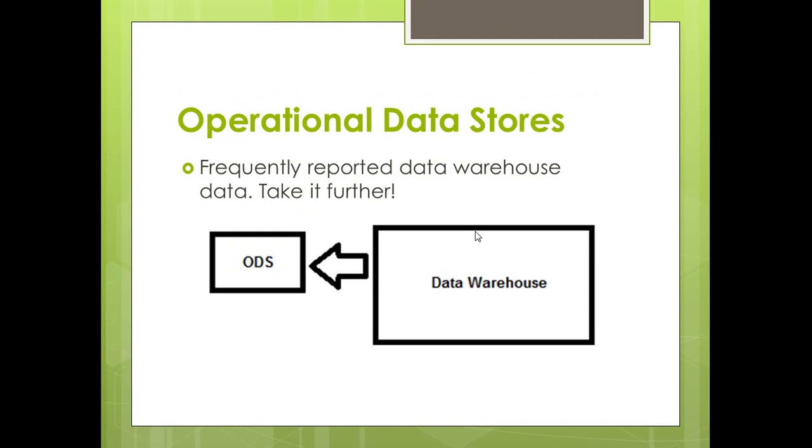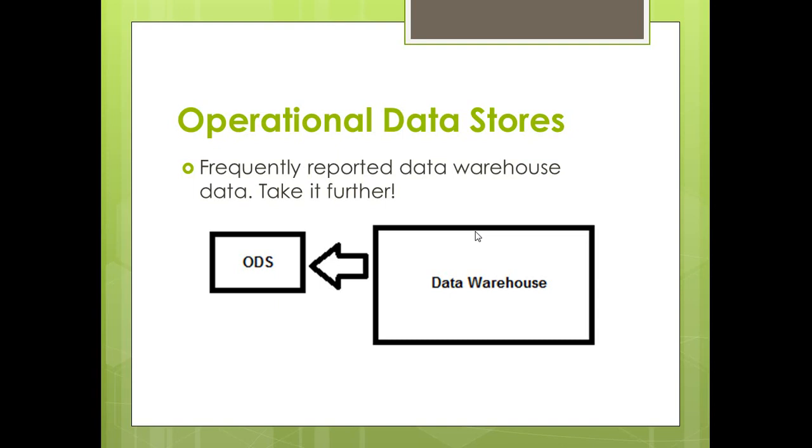Therefore, since this smaller version of the data warehouse has analysis done on the data quite frequently, and since it's smaller, you could do analysis on it more quickly. So you'll be able to generate reports based on the ODS at a faster rate than if you were to generate the same reports on the data warehouse using the information from the time that goes back to Lord knows when.